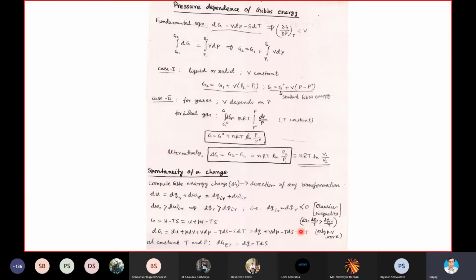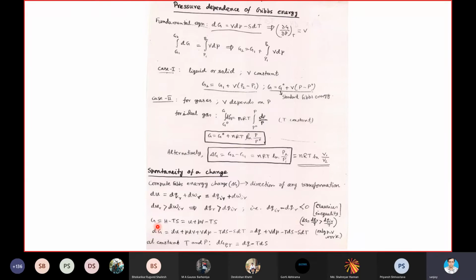Clausius inequality showed that entropy change is dq reversible by T, and dS is greater than or equal to dq by T. It becomes equal when the process is reversible, and greater when it is irreversible. So the heat exchange in the reversible manner is greater than in the corresponding irreversible process for the same change. So this term is less than 0.